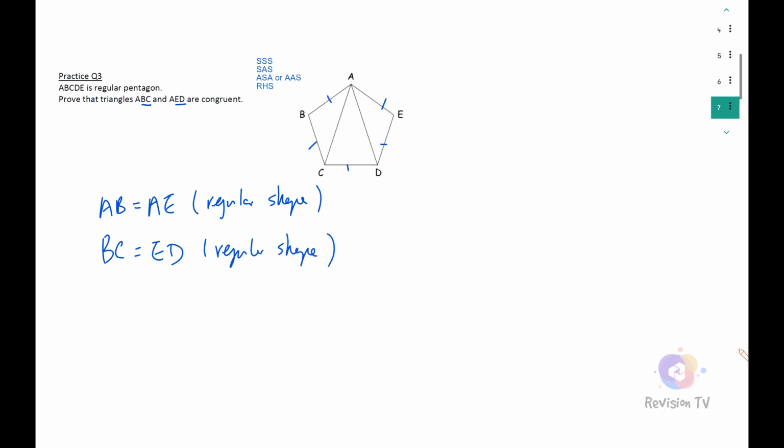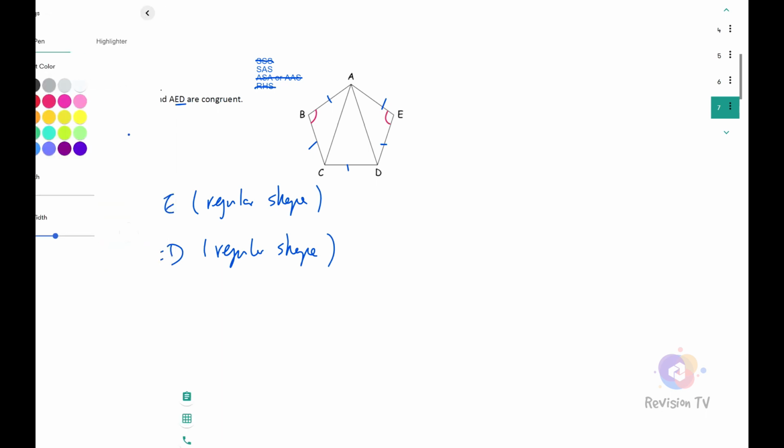Now, can we say AC is the same as AD? It's quite tempting to say they are equal, but that is not a property of a regular shape, so we don't know that. Therefore, we can't use SSS. Now we've got two lengths, so the only option we've got is SAS. We just need to show one angle is the same, and the angle must be between the two lengths. There's only one option left, which is this one and that one. Why are they the same?